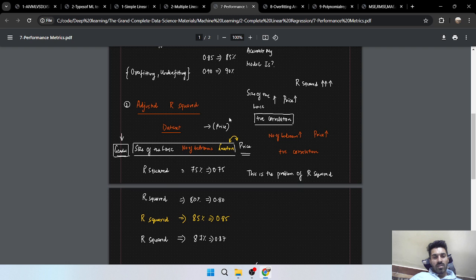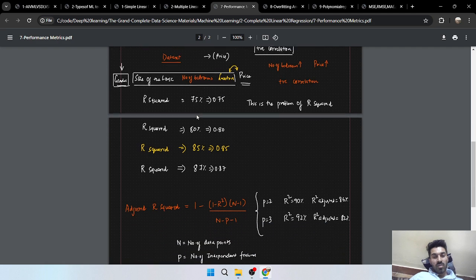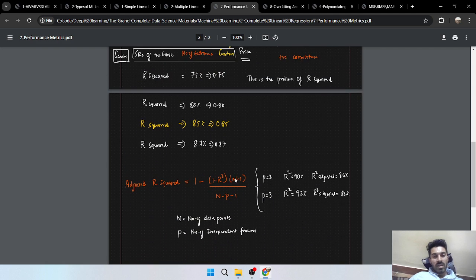This is not a dependent feature. What is the use of gender? It is not correlated with the price. But still your model's accuracy will increase to 91%. That's why adjusted R square comes into the picture, where we divide by n minus p minus 1.